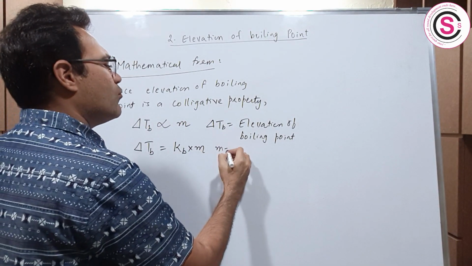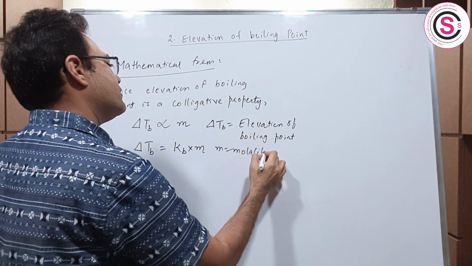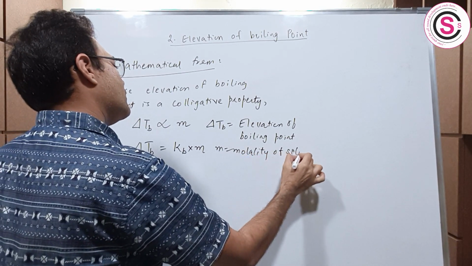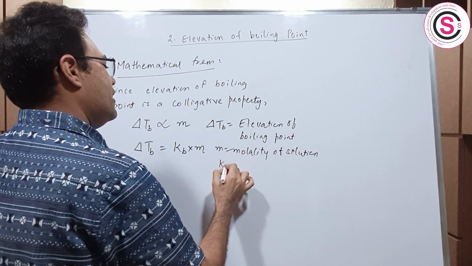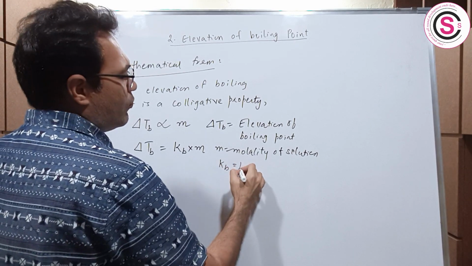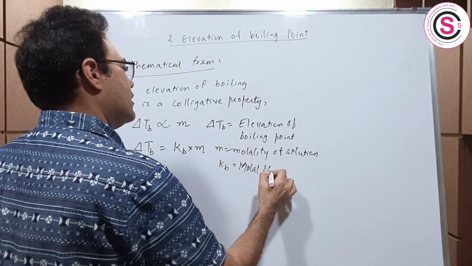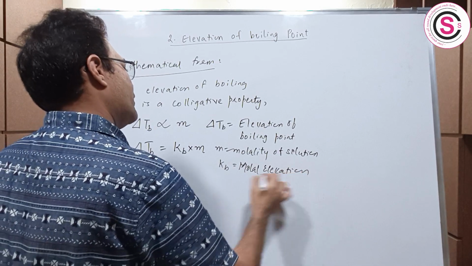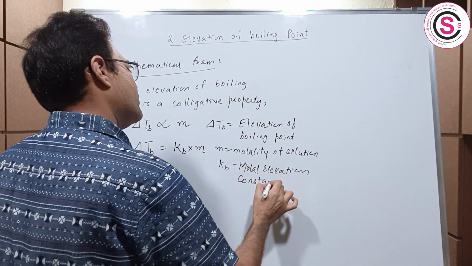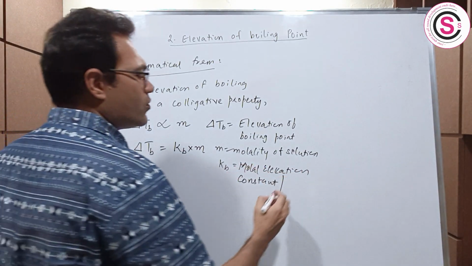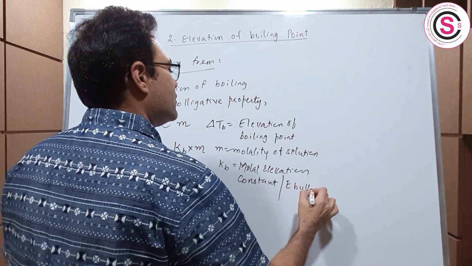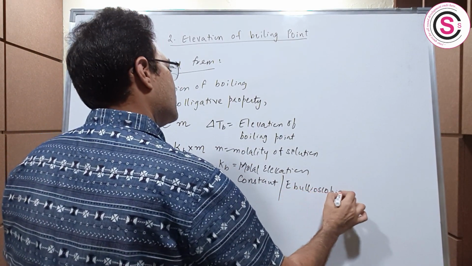Okay, M is the molality of the solution, and KB is known as molal elevation constant, or students, it is also known as ebullioscopic constant.